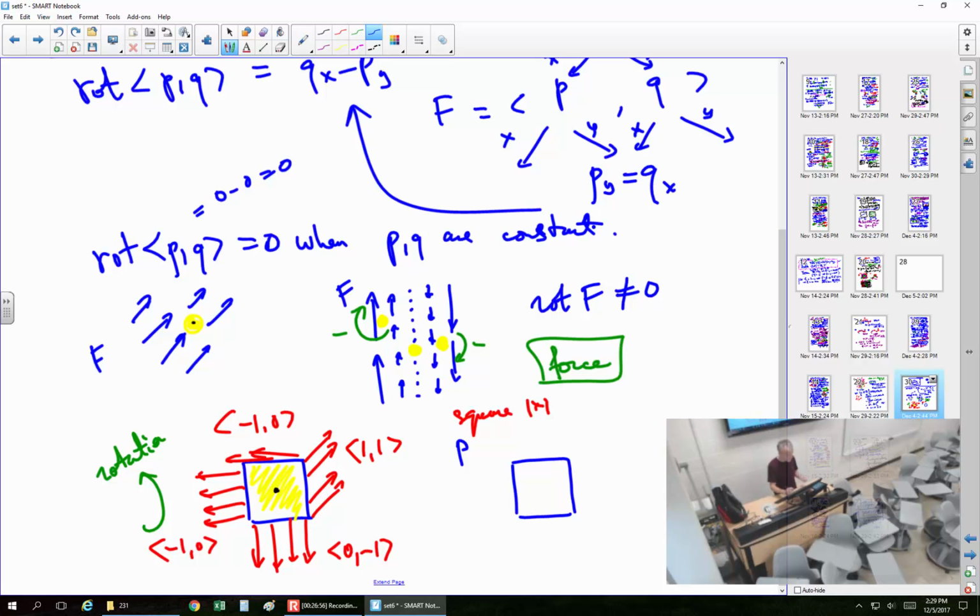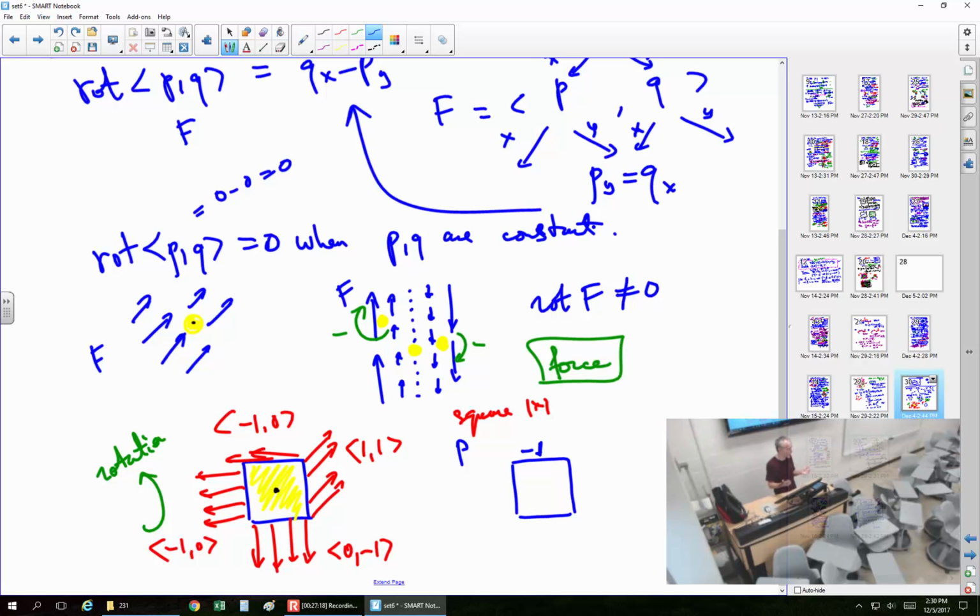Okay, so P, what is P? Look at the top once again. It is our first x coordinate, x component of our vector field. So what do I write here for P? Negative 1.